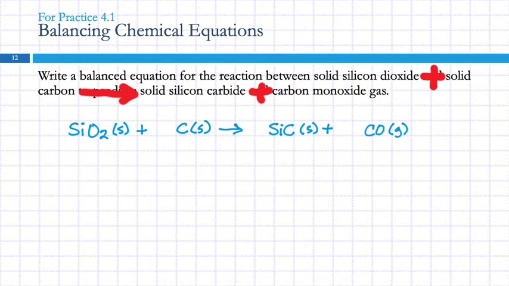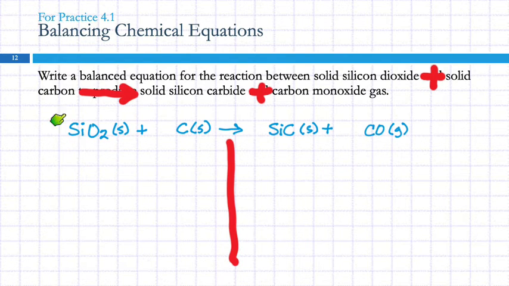So this is called balancing by inspection, meaning we're just kind of looking at it. So we've got this division here of before and after. We want to make sure that we have the same number of atoms before and after.